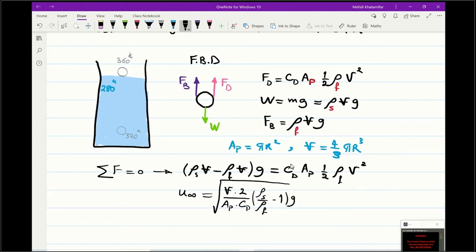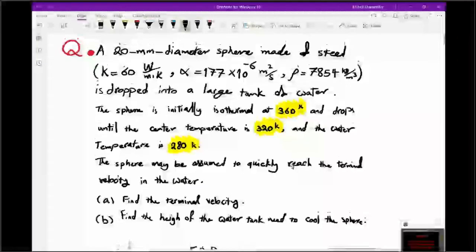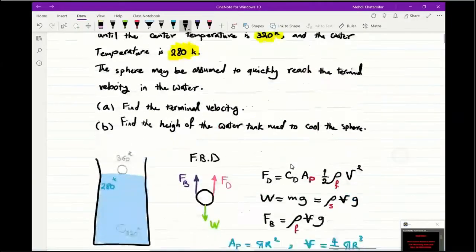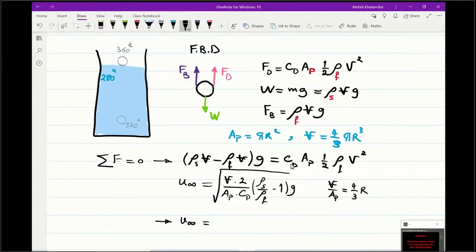Okay, so let's see. The volume divided by AP, I have the values here. It is going to be 4 divided by 3 r. So I can plug those numbers inside. Let's do all the calculations. The value of r is half of the diameter, so it is going to be 10 millimeter. And we know the value for g.